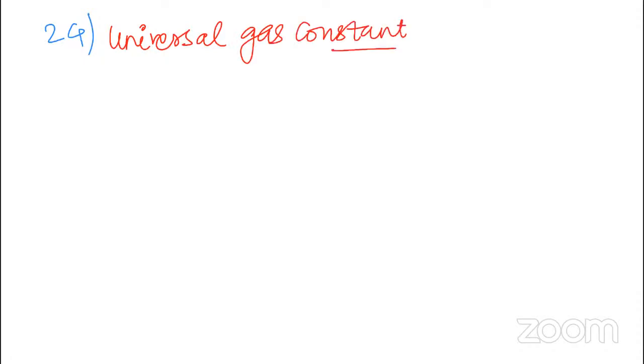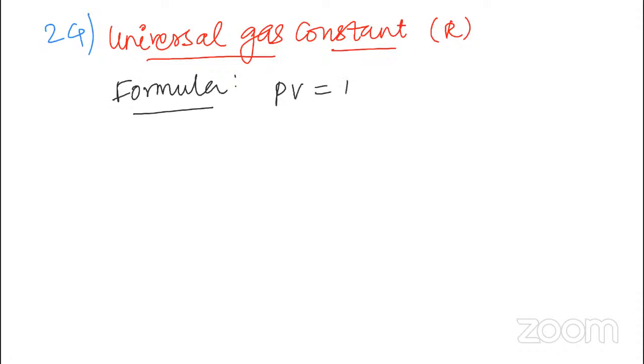Next, universal gas constant, and it is represented by R. So now we are taking the very famous equation, that is PV is equal to nRT.